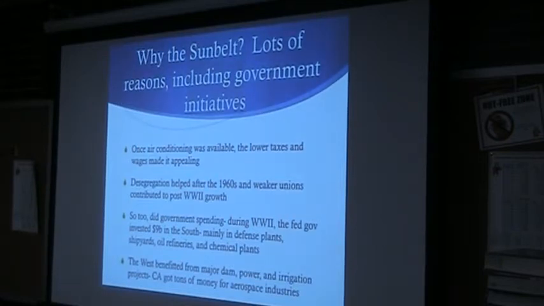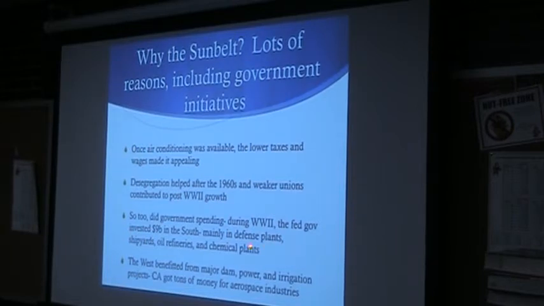The other thing that I wanted to say here, it says government initiatives at all scales may help promote economic development. That means that the government gets involved and sets policies that help certain regions develop. And that's what they did for the Sun Belt. So I wanted to give you an example. During World War II, the federal government invested $9 billion in the South. The South has always lagged behind the North in terms of development.